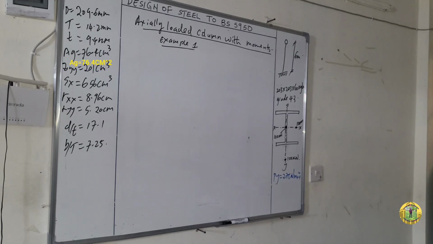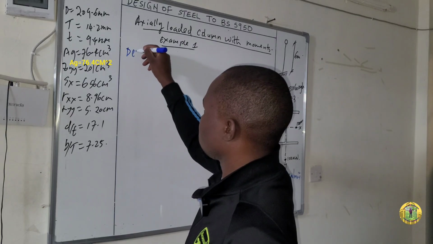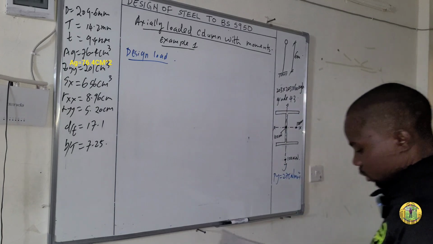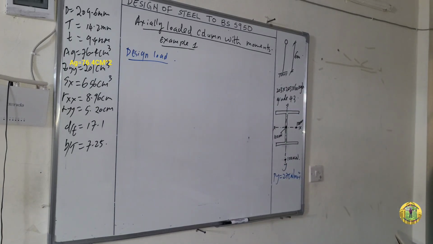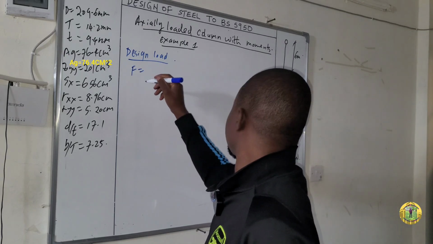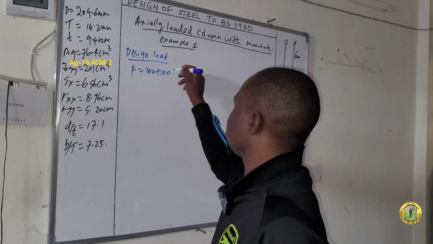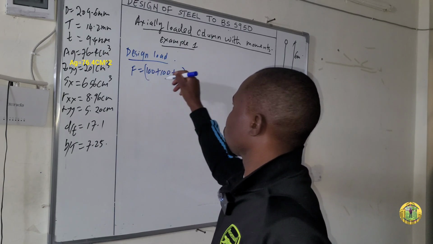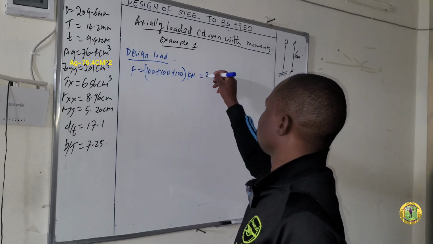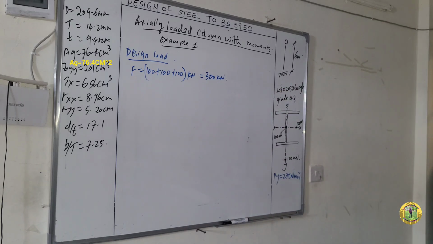So the design load F is equal to 100 plus 100 plus 100, in kilonewton, which implies F is equal to 300 kilonewton. So that is the design load.